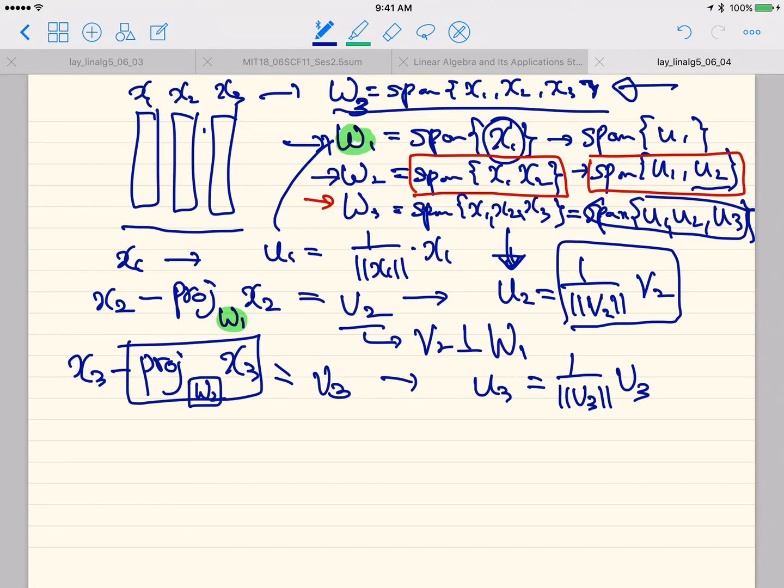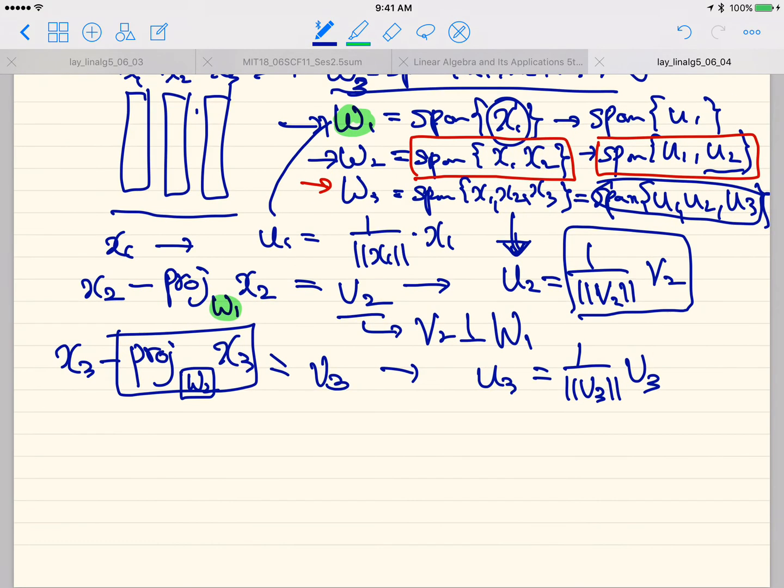Okay. So this is the Gram-Schmidt process. So basically, you want to change a linearly independent set of vectors into an orthonormal set of basis vectors.